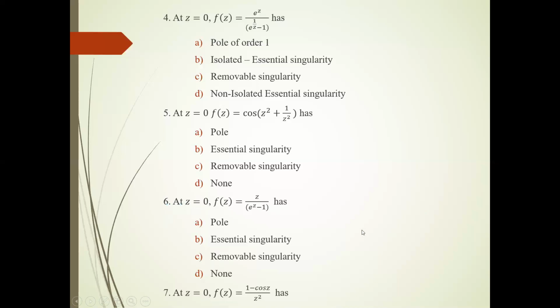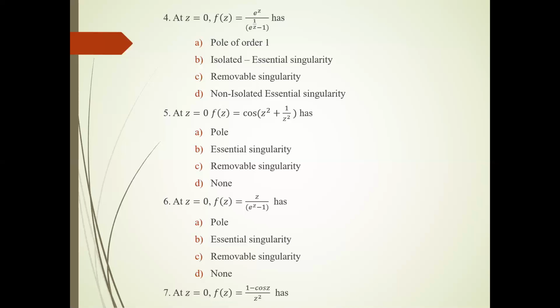See question number 7. At z = 0, f(z) = 1 minus cos z upon z square has. It is the same type; we have to solve example 7 the same way we solved example number 6. See, apply the limit as z tends to 0. What do we get?